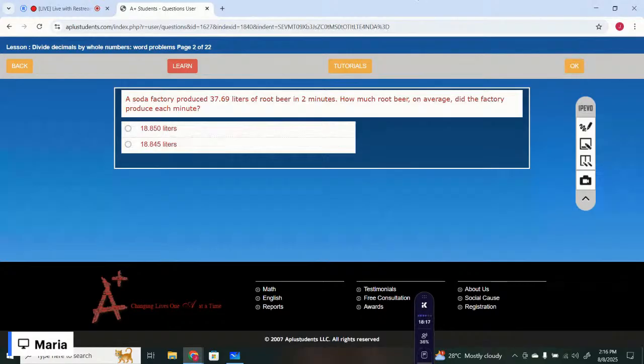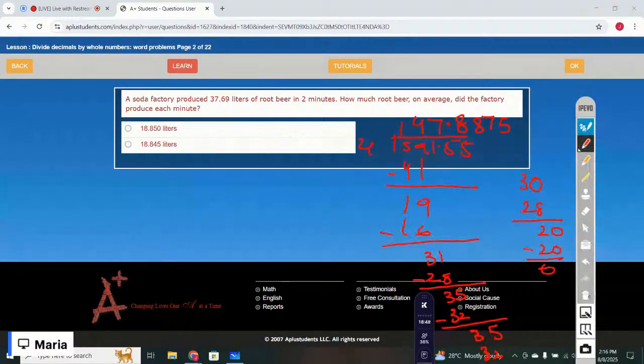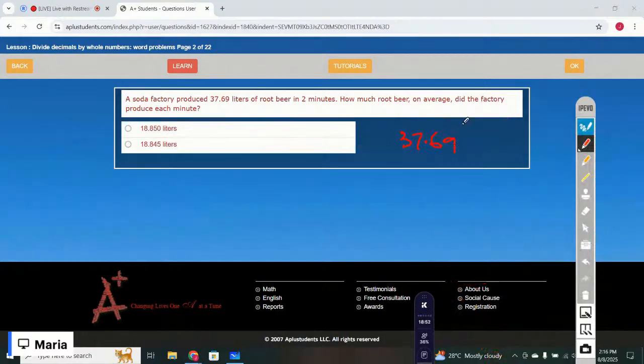A soda factory produced 37.69 liters of root beer in 2 minutes. How much root beer on average did the factory produce each minute? 37.69 divided by 2.